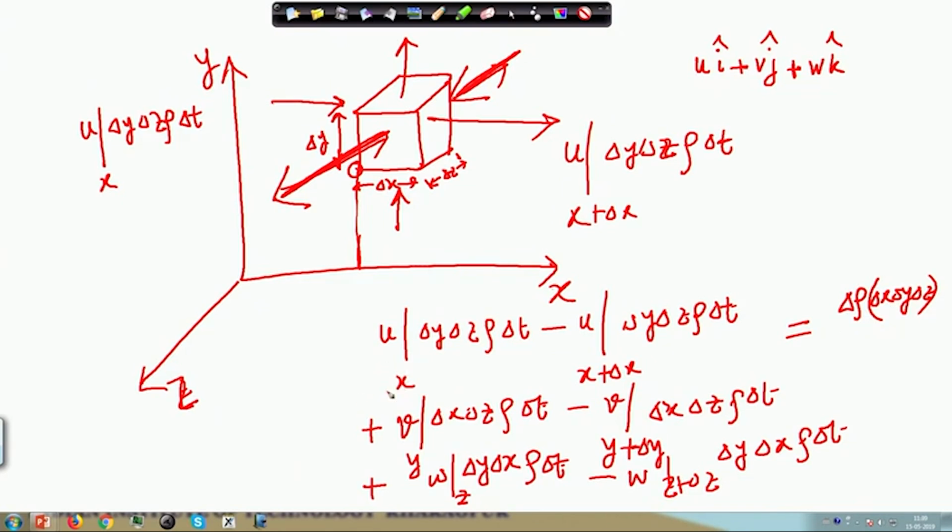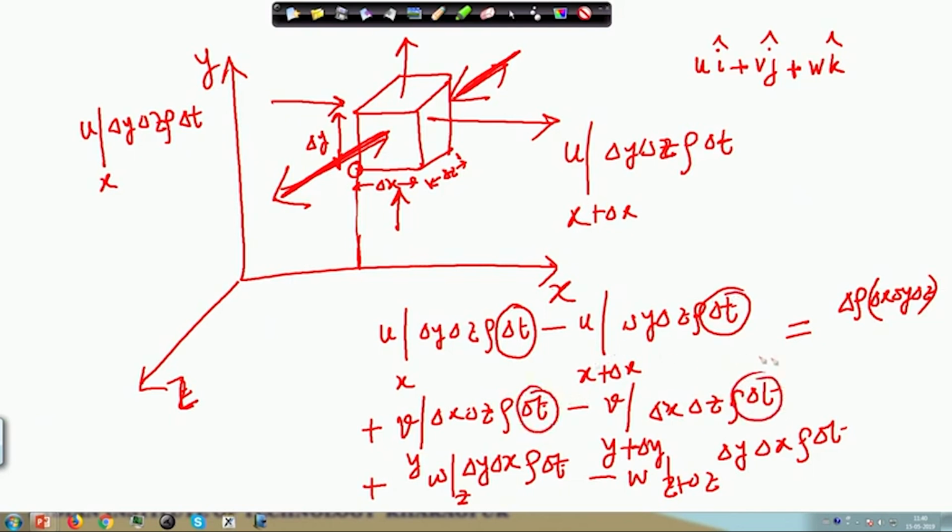Here it is u at x; this delta y delta z will cancel out when we divide, rho will remain there, and this delta t is going to the right hand side. I am sending all these delta t's to the right hand side.